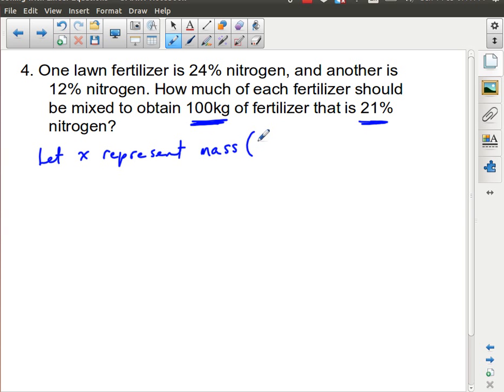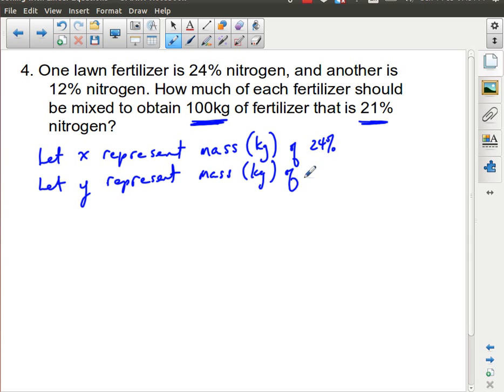You might even say in kilograms of 24%, and let Y represent the mass in kilograms of 12%. So those are the two fertilizers I'm going to mix together, and X plus Y has to be equal to 100 kilograms. That's what we got from this.